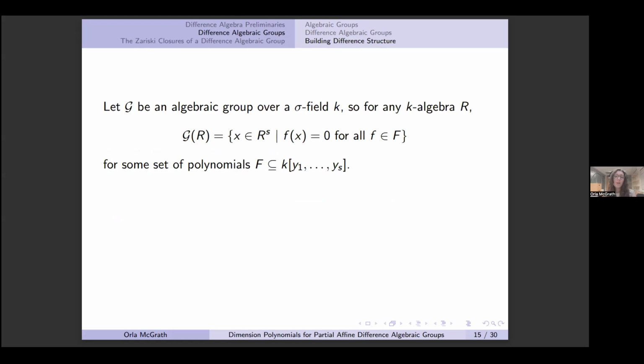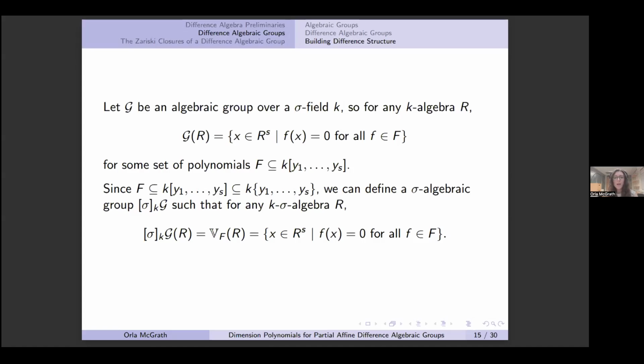Well, hopefully you're happy because K is a difference field, we can consider the ring of difference polynomials over K. And implicitly, any polynomial is a difference polynomial, which means we can consider the difference algebraic group defined by F when we consider F to be a set of difference polynomials.